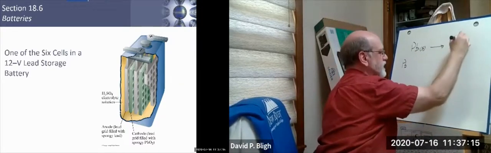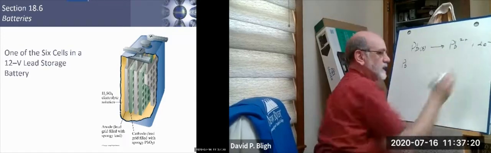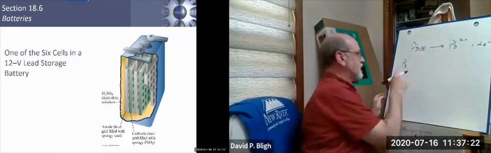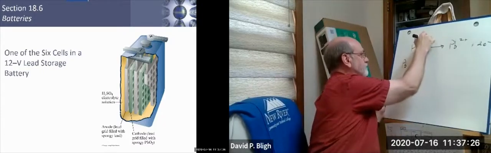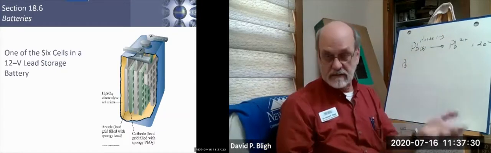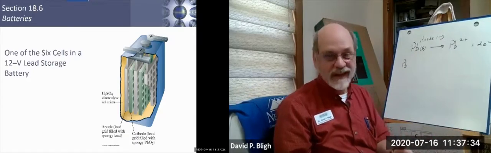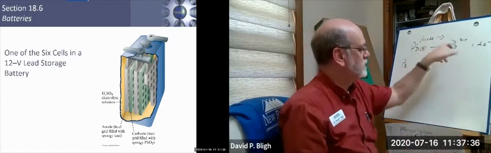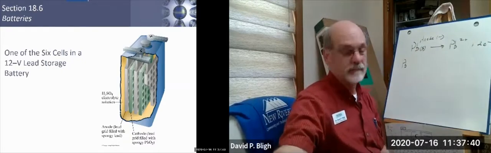Actually, it becomes this. And I'll show you why in just a second. This is the anode that produces the electrons into the external circuit. Right? That's why the lead is here, and it emerges as the negative electrode there.